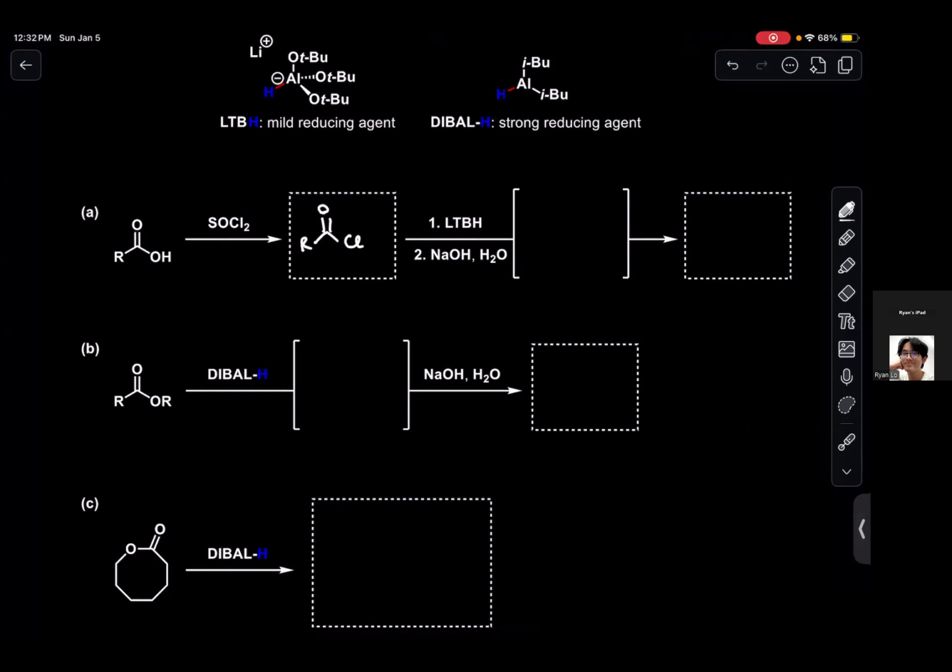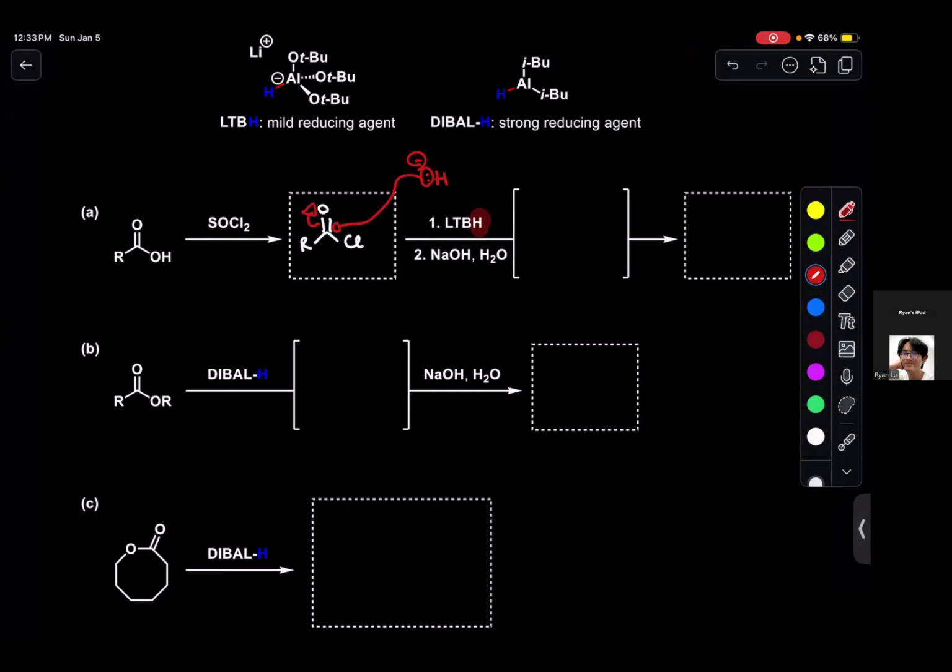So chlorination happens, and then from there LTBH gets involved. You'll have a hydride. This isn't the full mechanism, by the way, but it summarizes very quickly what happens here. It's going to come into here and pop up onto here.